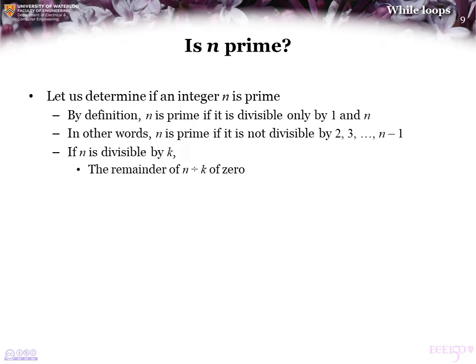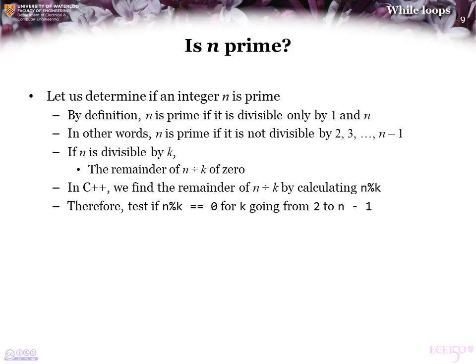Now, if n is divisible by an integer k, then the remainder of n divided by k, when using long division, is 0. In C++, we find the remainder of n divided by k by calculating n modulo k, using the modulus operator or the remainder operator.